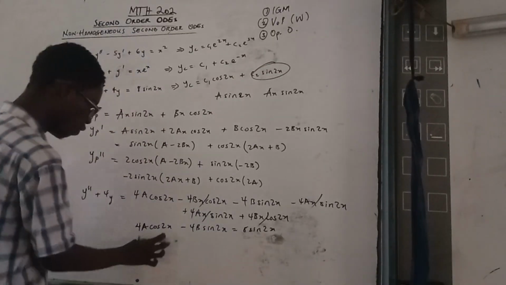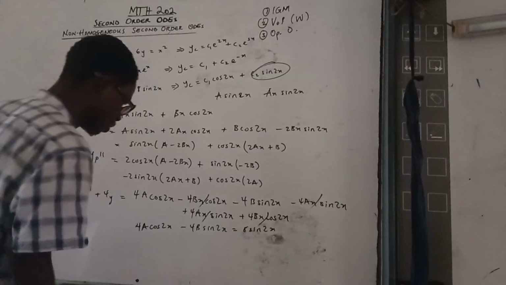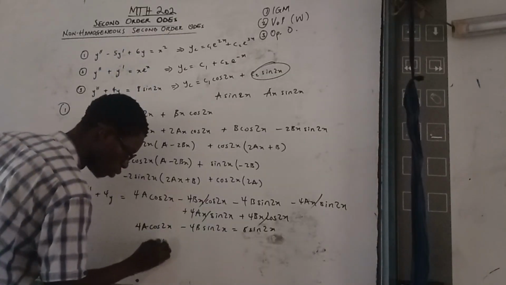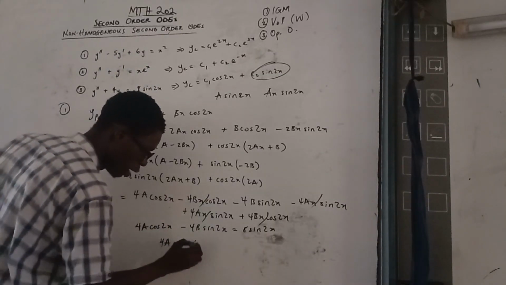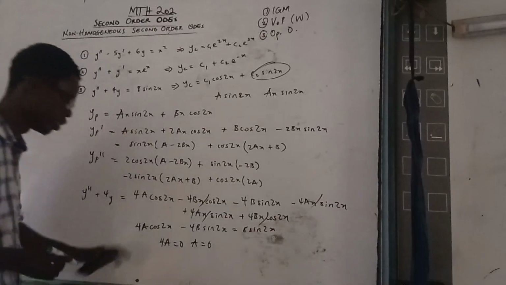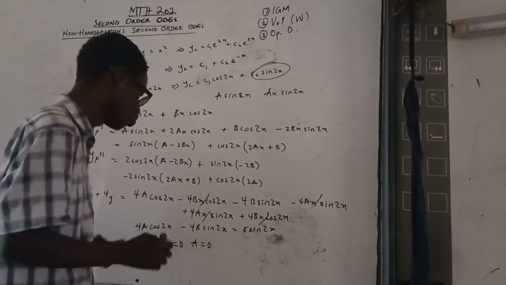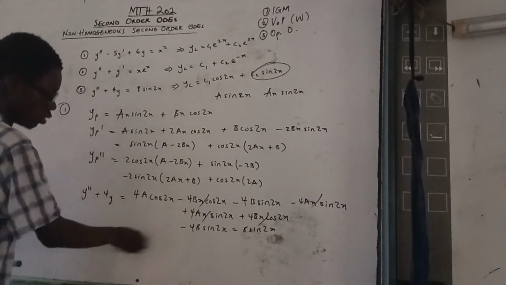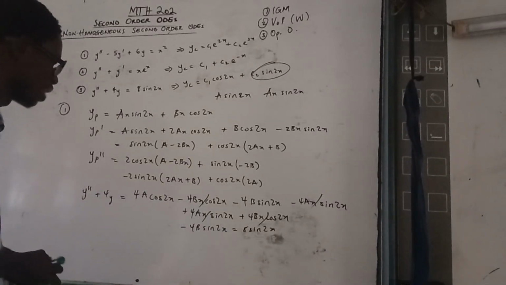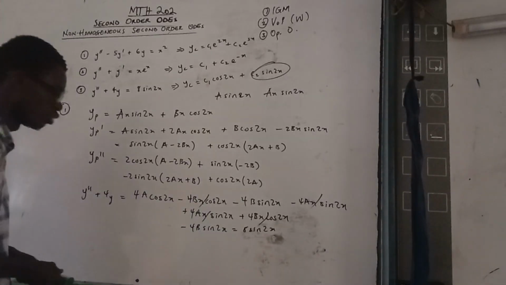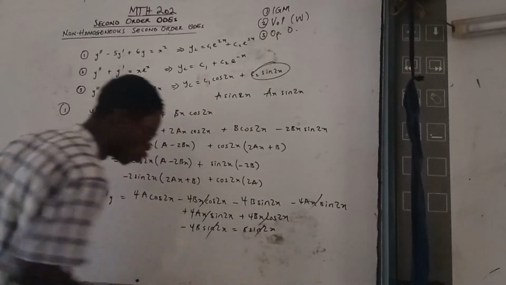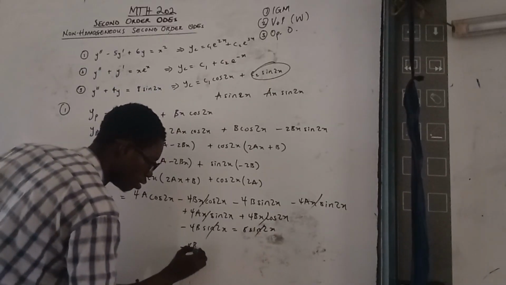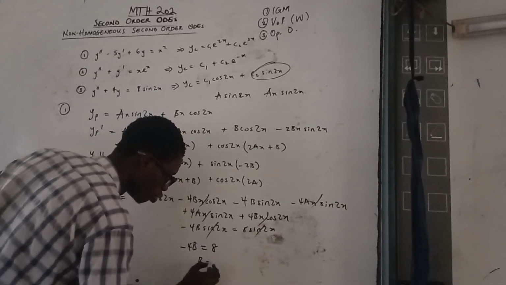Since there is no function of cos x in this part, it means our 4a equals 0. Our a equals 0. Since there is no function of cos x, everything with cos x is 0, so we basically do not need this one from the onset. So we have minus 4b sin 2x equals 8 sin 2x. We can cancel these two and say minus 4b equals 8. So b equals what?